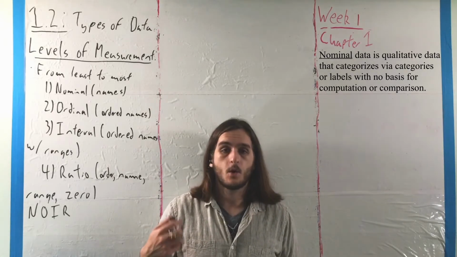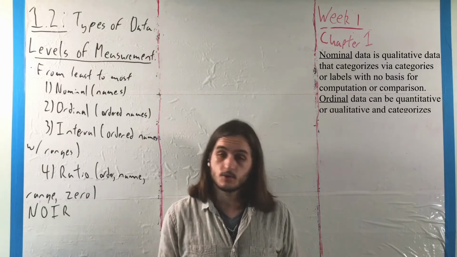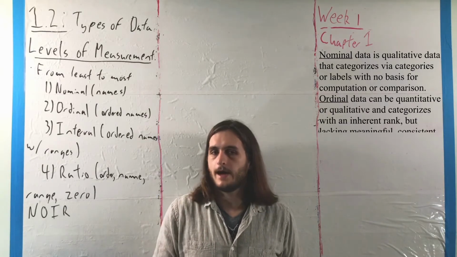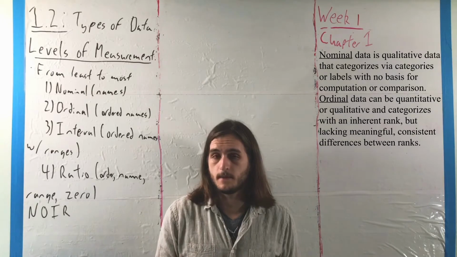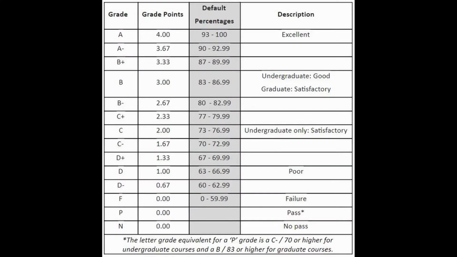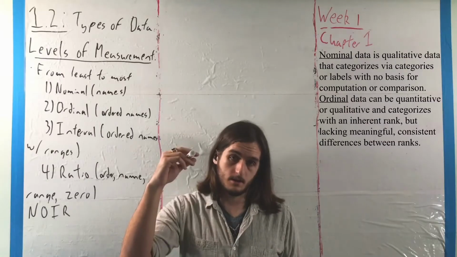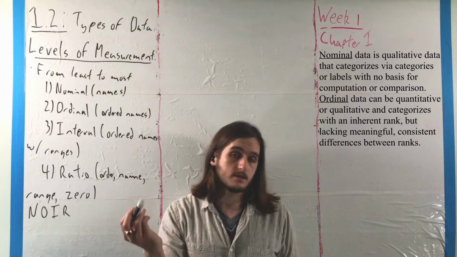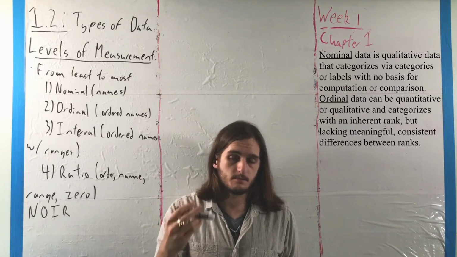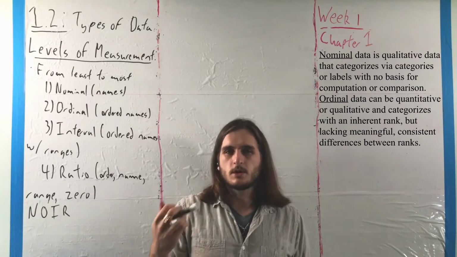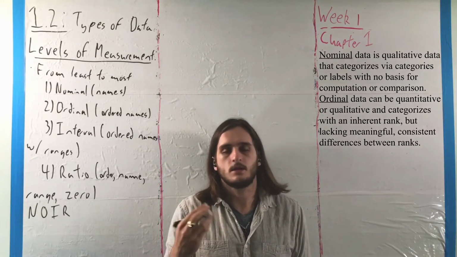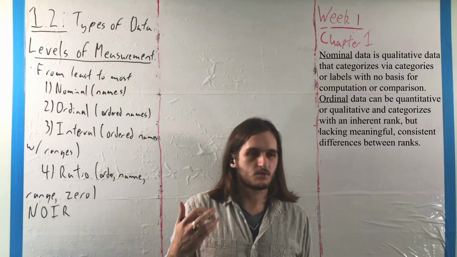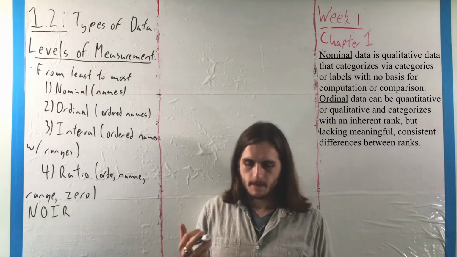Next, we have ordinal data, where we are attaching labels, we are attaching names, but those names have an inherent order to them. So if we're thinking about ordinal data, we're thinking about something like a letter grade, where there is a clear hierarchy from F up to A, where a D is better than an F, but worse than a C, B, or A. However, when we're looking at things that are ordinal, what we have to understand is that the order there doesn't really have a fixed range in any sense to it.